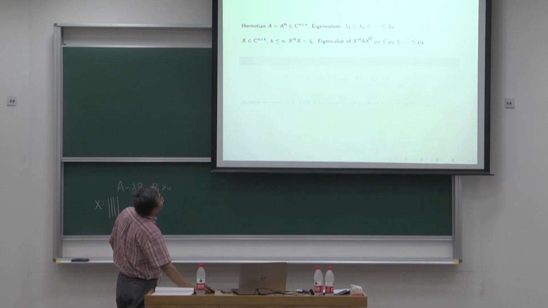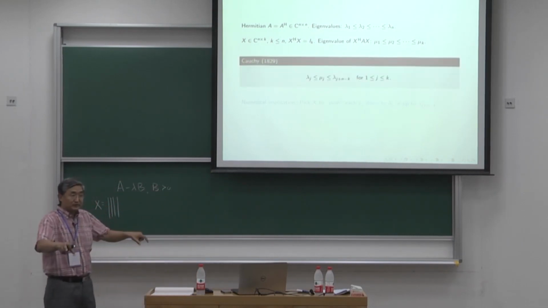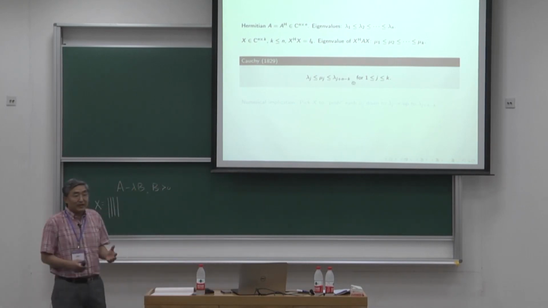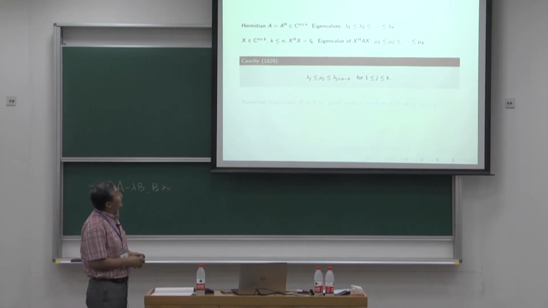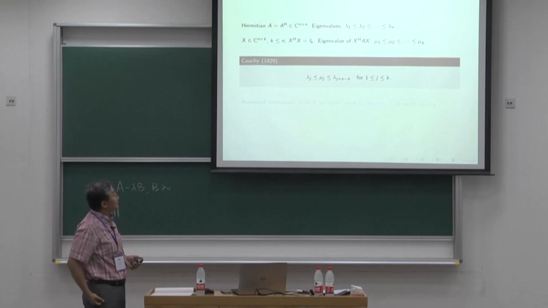Then you can do a projection. This is a Rayleigh quotient matrix with eigenvalues mu_1 up to mu_k. It turns out the eigenvalue mu_i is always in between two eigenvalues of A whose indices differ by n minus k. If k equals n minus 1, which is what you normally see, then each two eigenvalues of A bracket an eigenvalue of the projection matrix.